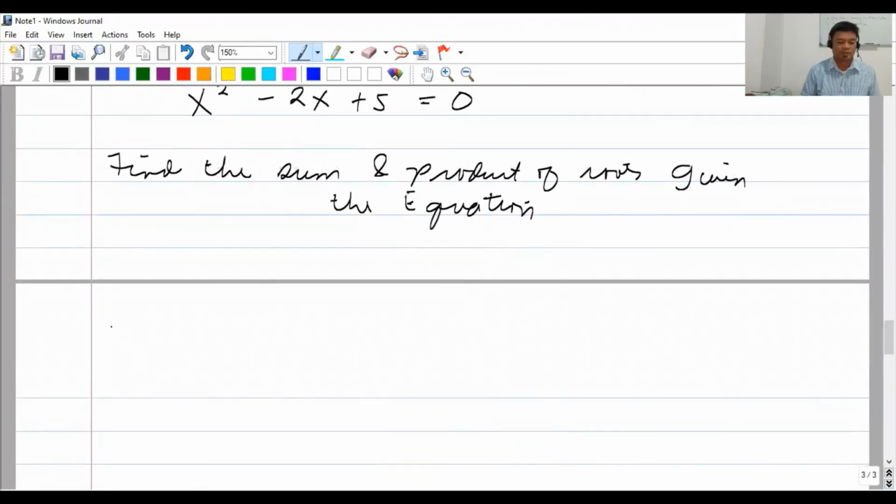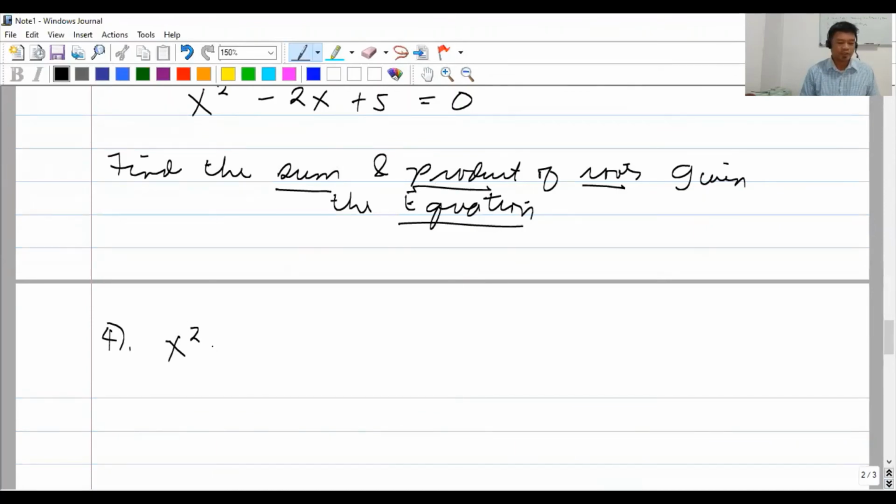So take note, we're going to find the sum and product of roots when we have our equation.